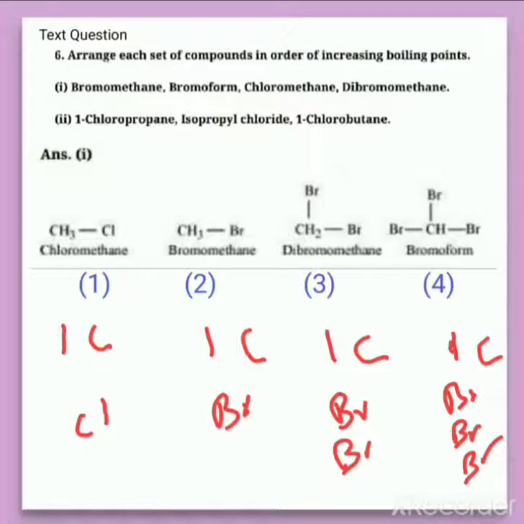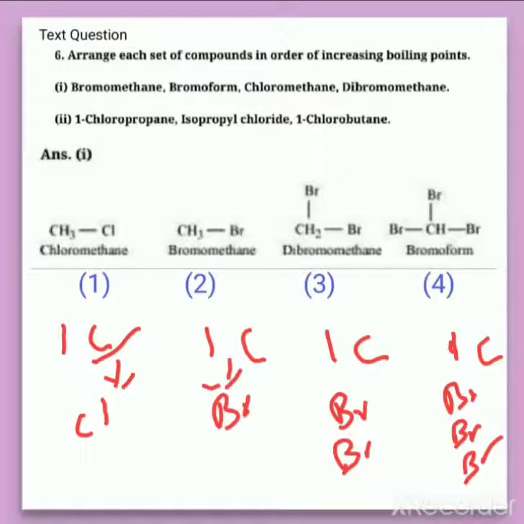As we have discussed in the physical property of boiling point, the boiling point increases with the atomic mass. When we compare the molecular mass here, in the first case the molecular mass is lowest because it has only one carbon and one Cl, because Cl is smaller in size compared to Br.